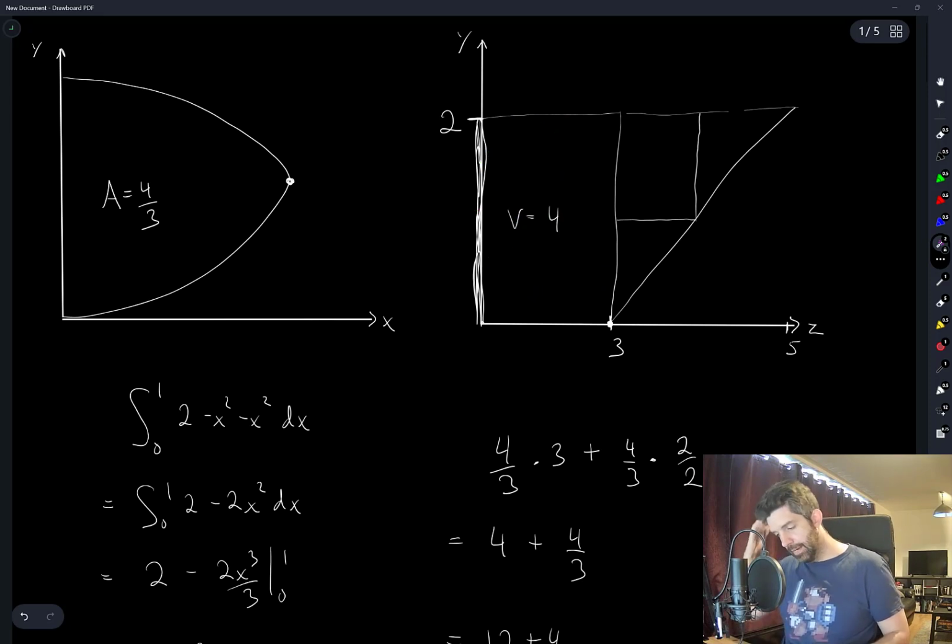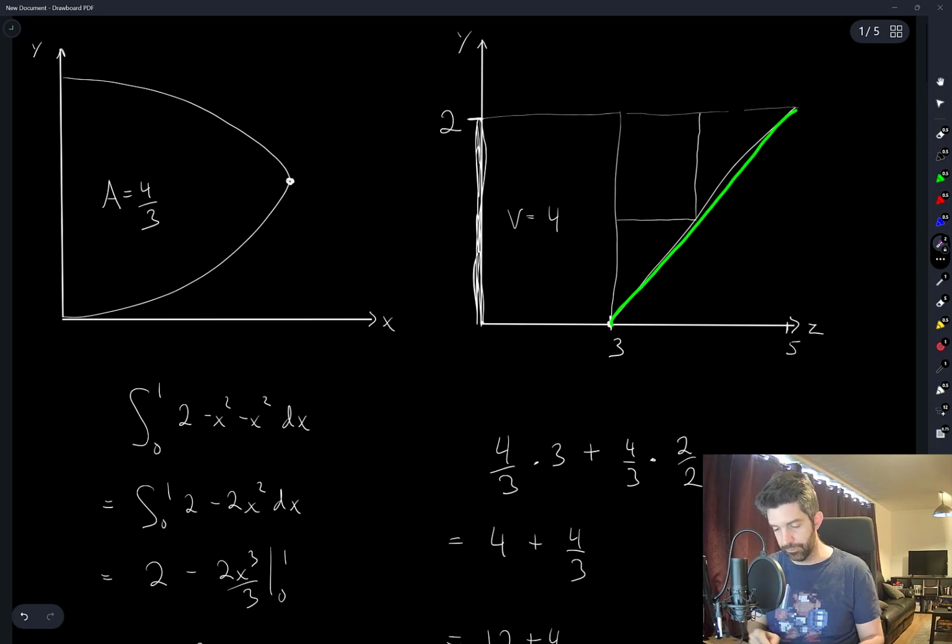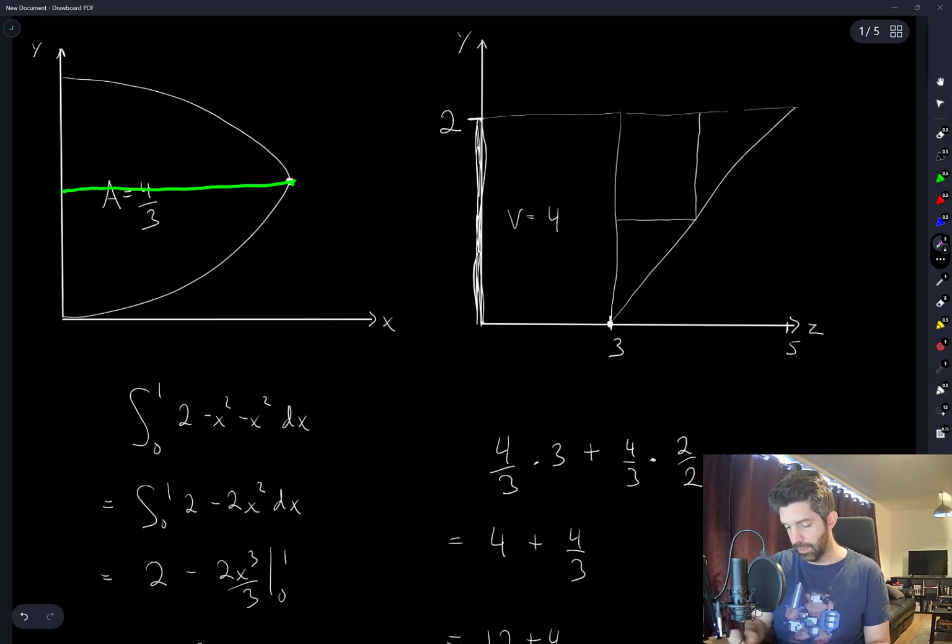That's there. And then things get a little bit complicated, because this plane is now slicing through this area at certain places. But because this area is symmetric around that line right there, this plane will slice through the halfway point here.